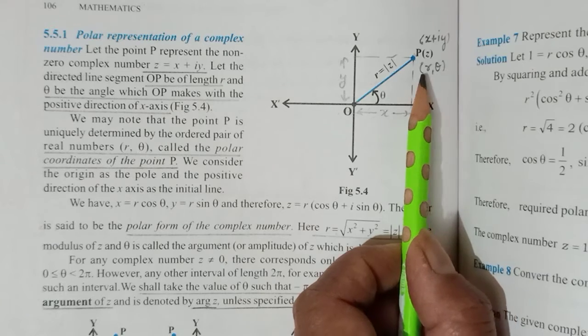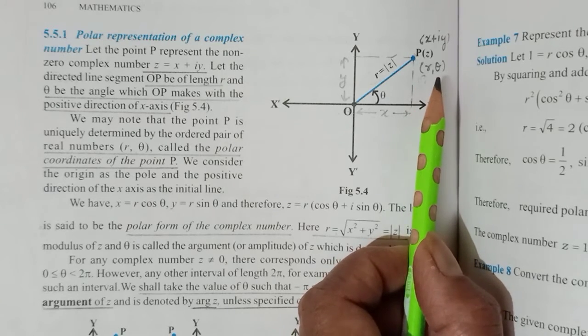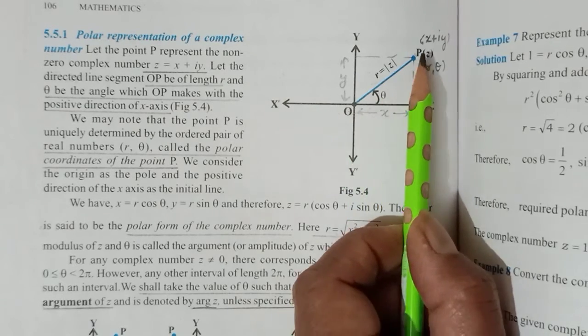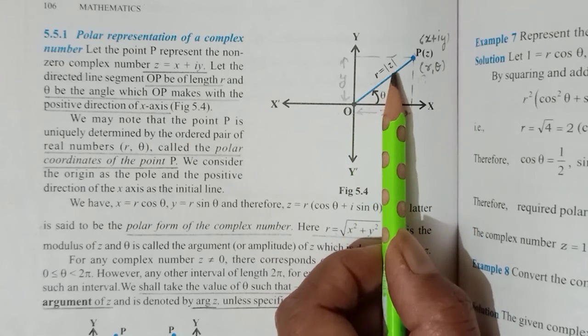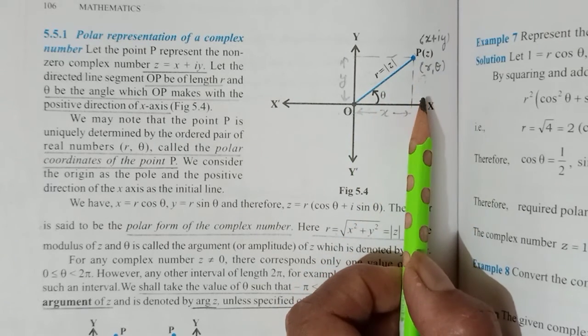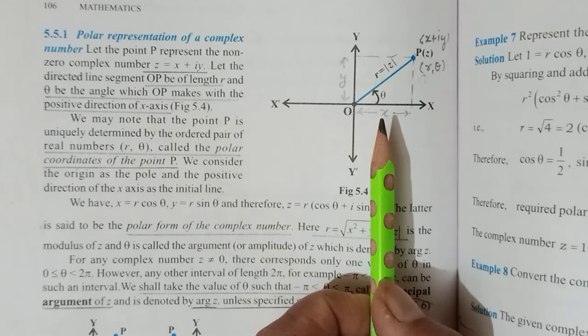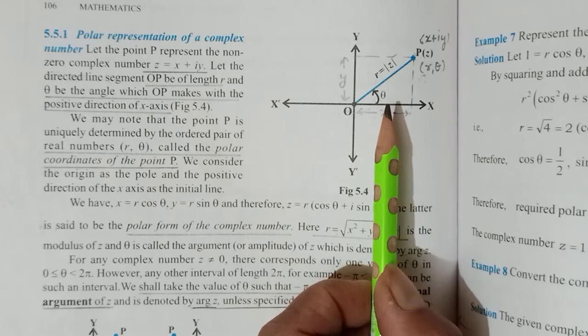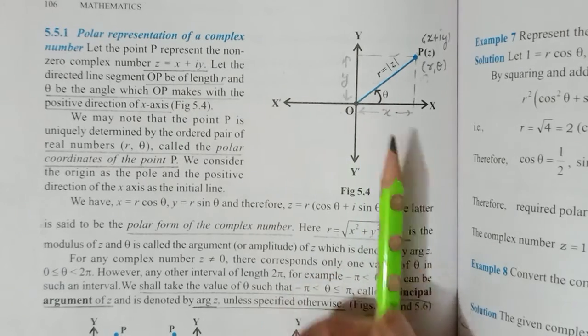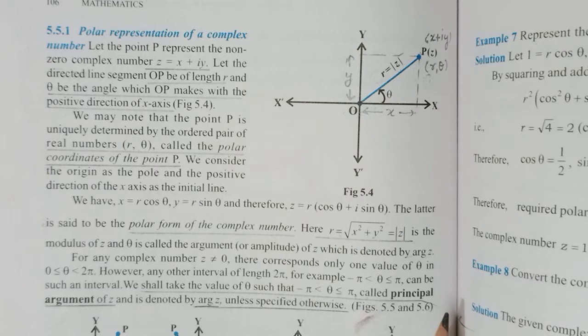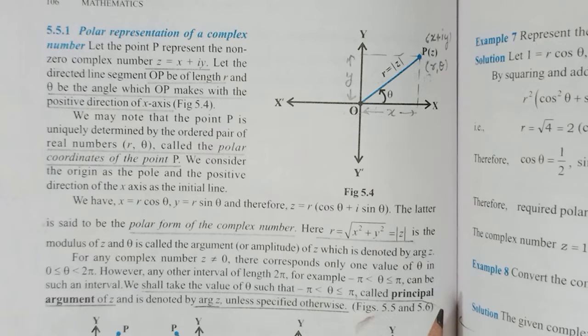These are the polar coordinates, r and theta. So r gives you this length OP, which we call the modulus of this complex number if it is an Argand plane, and theta is also known as amplitude or argument of this complex number. This rotation we call amplitude in some books, and most generally it is called the argument of the complex number.